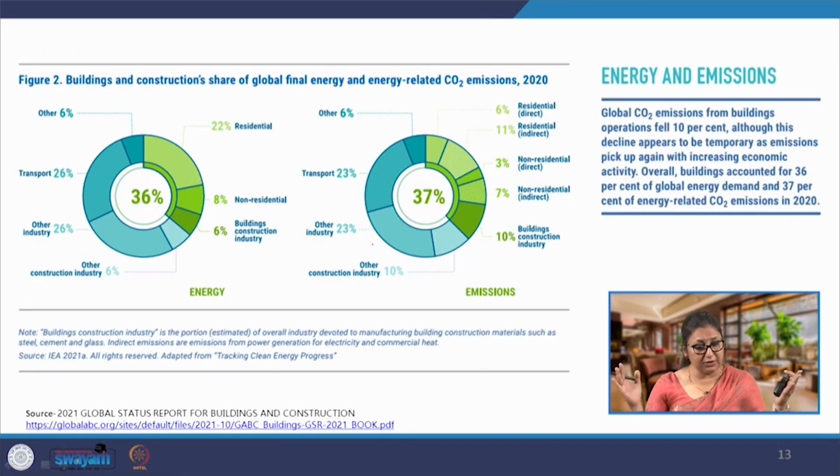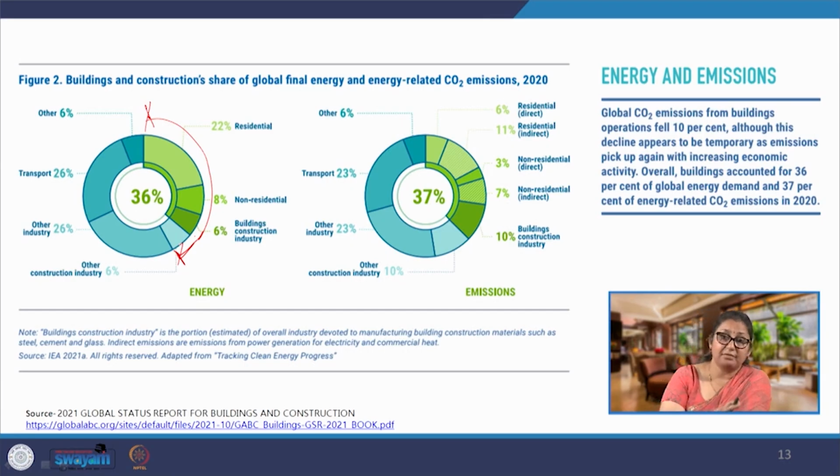And then if we look at the total energy consumption and emissions overall, and look at the buildings, we see that a large share of this is actually coming from the buildings and construction industry, which is coming very close to 50%.